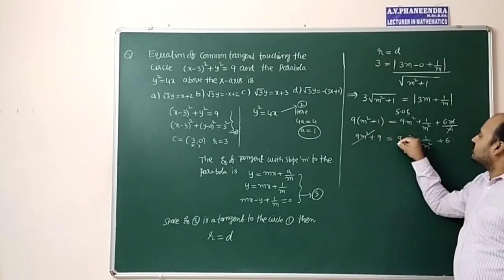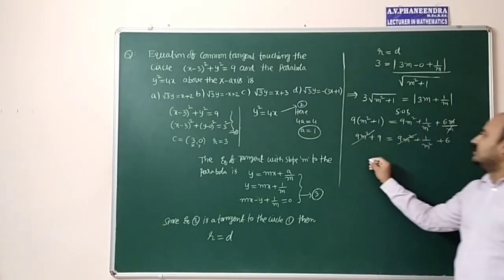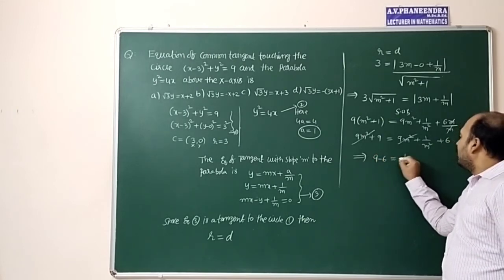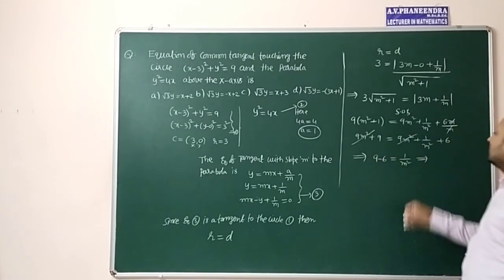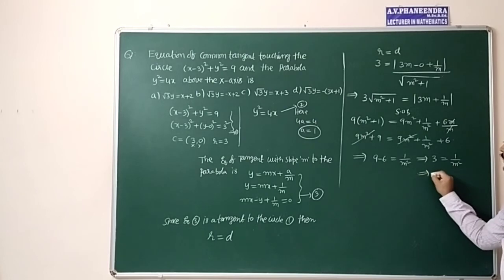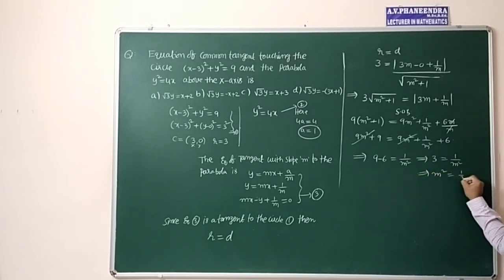On both sides 9m square gets cancelled. 6 we can take this side. That implies 9 minus 6 is equal to 1 by m square, so 3 is equal to 1 by m square. M square equal to 1 by 3. M is equal to plus or minus 1 by root 3.